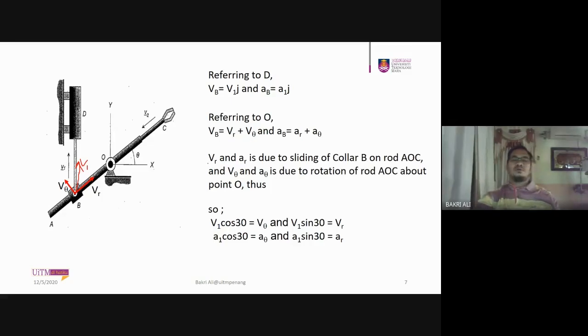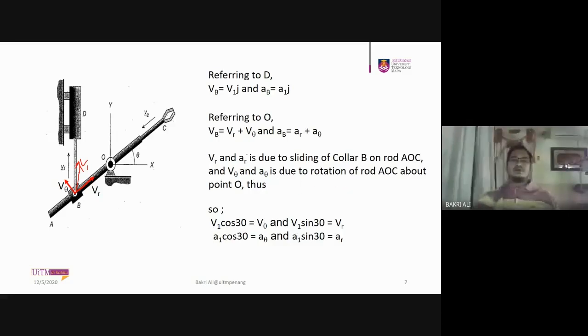VR and AR are the relative velocity and acceleration due to the sliding of collar B on the rod, and V theta and A theta are due to the rotation of rod AO about point O. V theta gives us omega by using V theta equal to omega cross R, and A theta gives us alpha, where A theta equals alpha cross R.